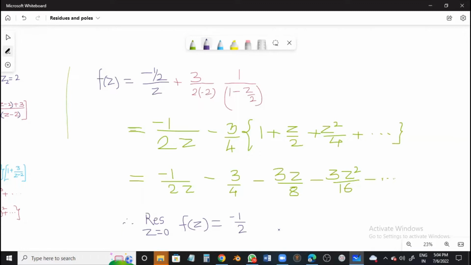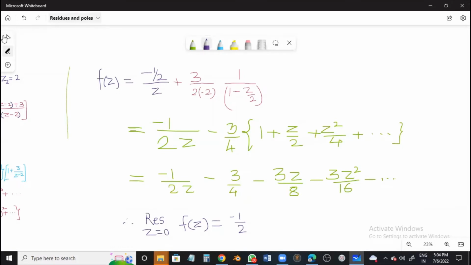See, in the bracket, the terms are all positive powered terms, so z appears in the numerator. The only term that has z in the denominator is minus 1 by 2z, and that is why its coefficient of 1 by z is minus half. I suppose you followed me. If you want a screenshot of this, you can take it.